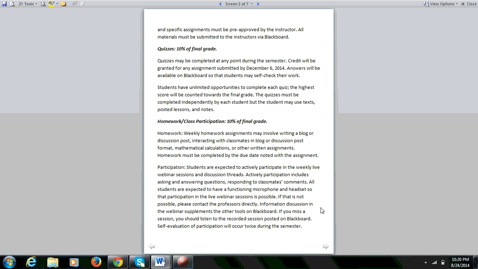You can always go back and correct them after the due date once we talk about what's wrong or right with people's various answers, but you need to get your initial response in by the due date. That's part of your participation grade, those homework assignments that are participating in discussion threads and blogs.